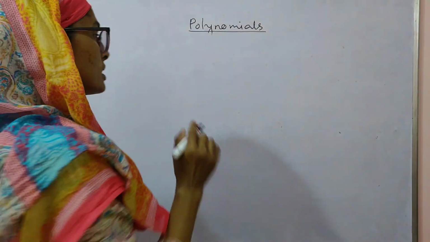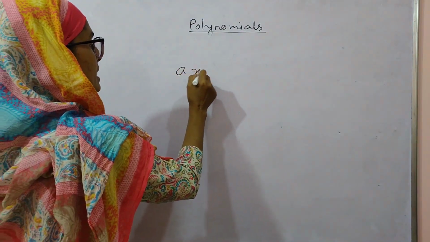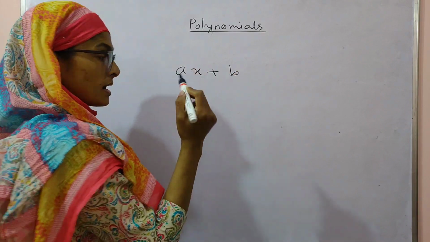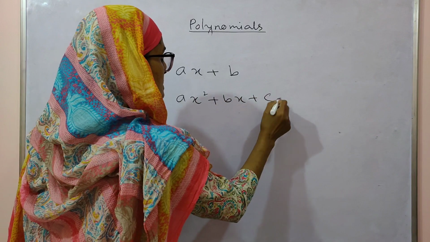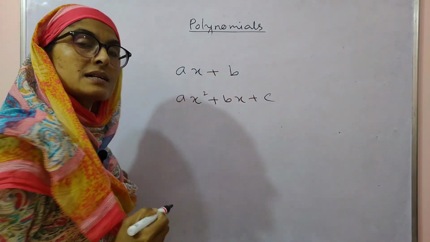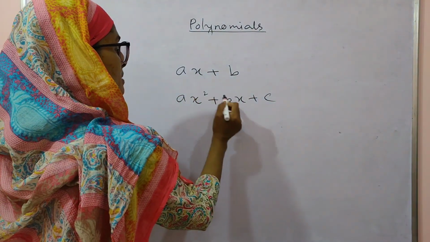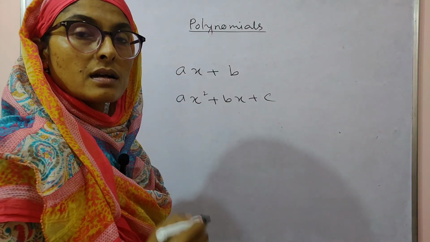A linear polynomial is in the form ax plus b, and a quadratic polynomial is ax square plus bx plus c, where a, b, c are constants.